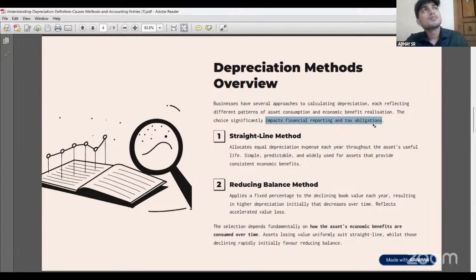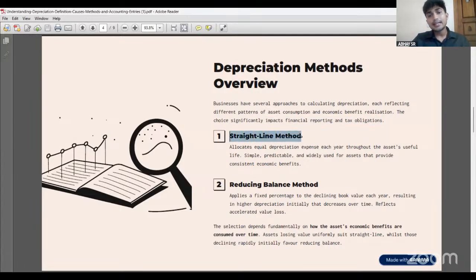If I have a profit of a particular amount, that might be taxable. If I'm able to reduce that amount, I would pay less tax, right? So tax planning is an important factor too. We can talk about that later. Now, let's just discuss the depreciation methods.